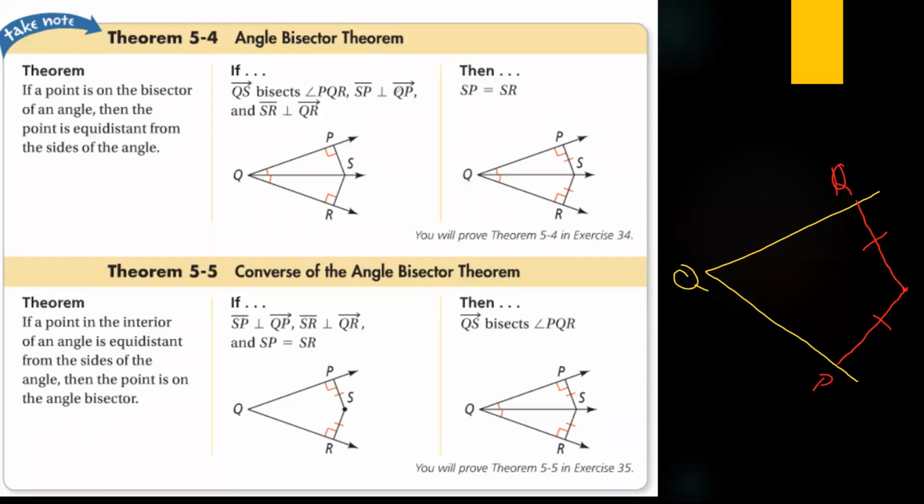So if there's a point S that is interior, inside the angle, and you draw a line from this point to the line QR, and another to the line QP, and you find that they are equal, then if you draw a bisector from S to Q, it will bisect the angle.